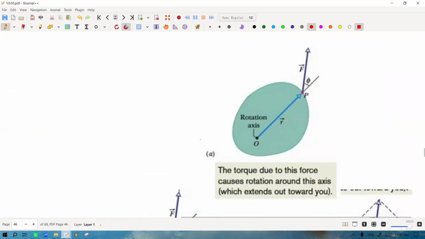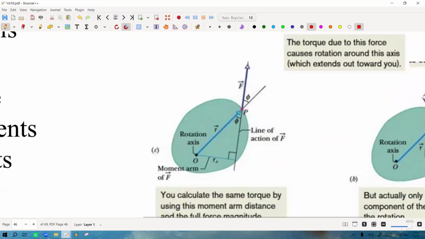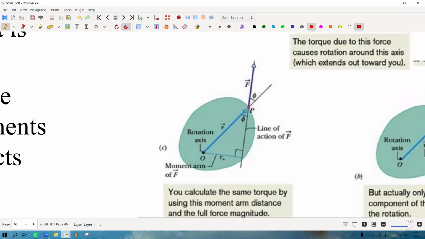For example, if there is a force F at angle phi and the rotation axis, the distance is R. The torque due to this force causes rotation around this axis. But the force parallel with the R will not affect the rotation.